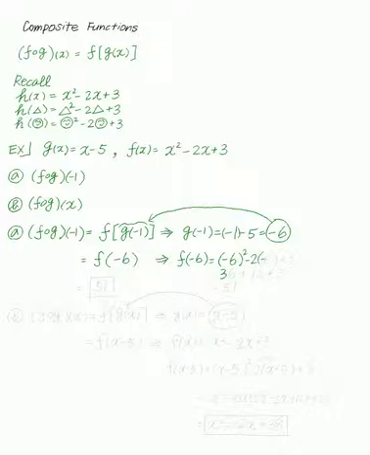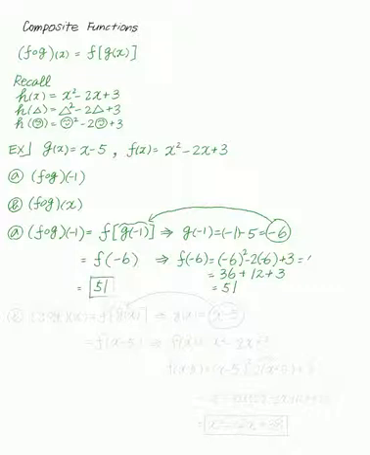Of course, when you square it, it's going to become a positive value. So I get 36 plus 12, because I have a -2 times a -6, plus 3, gives me a total of 51. So overall, f composite g at -1 is equal to positive 51.